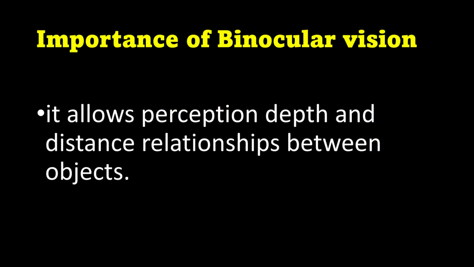This takes us to the importance of binocular vision. It allows the brain to create 3D images of our environment. It also allows us to perceive depth and distance in relationship to an object or between objects.